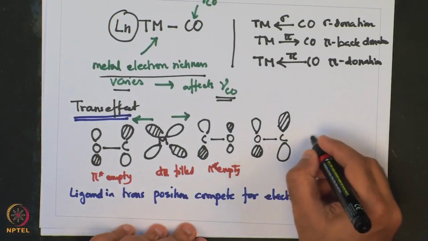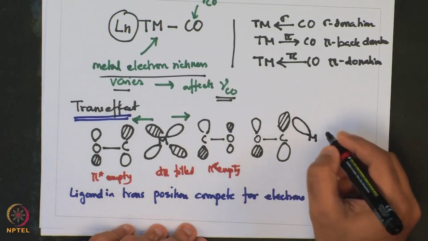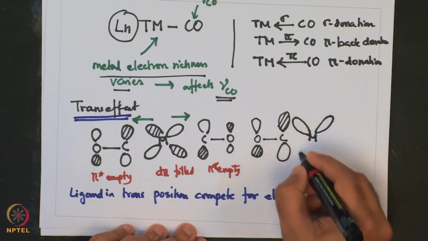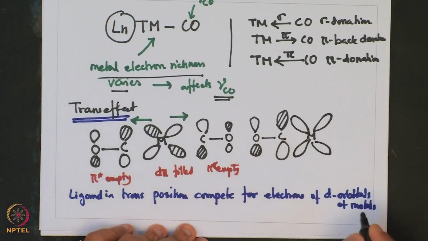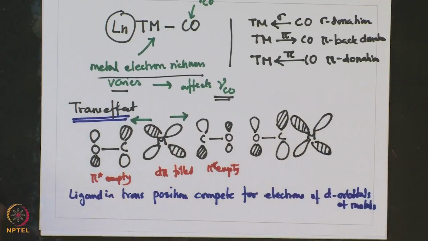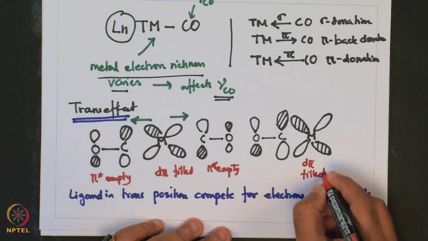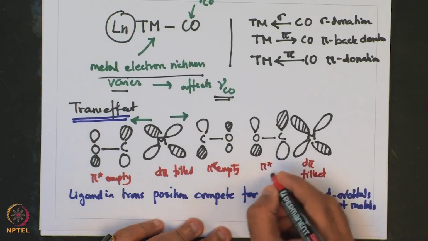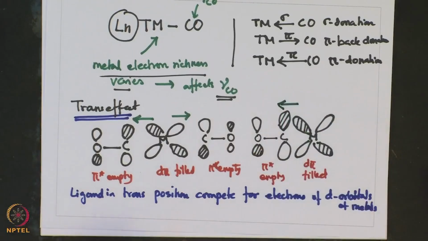CO. In this case, this is a d pi filled orbital and this is a pi star empty orbital, and the electron donation happens in this direction.